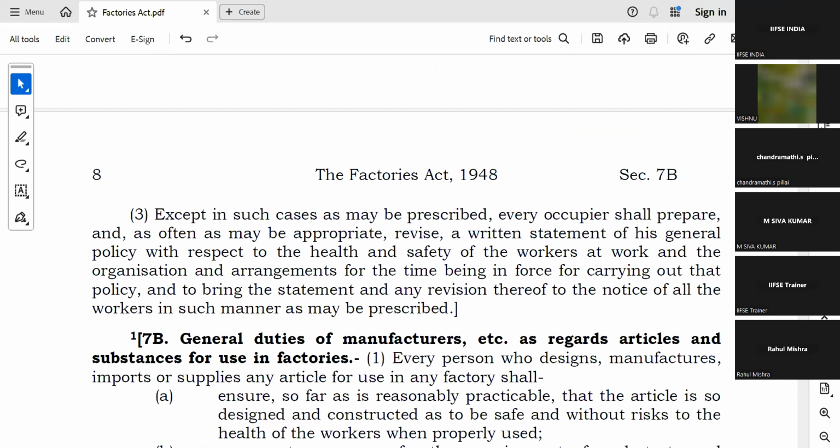Then there's one more important point: the policy. Every occupier will have a policy.